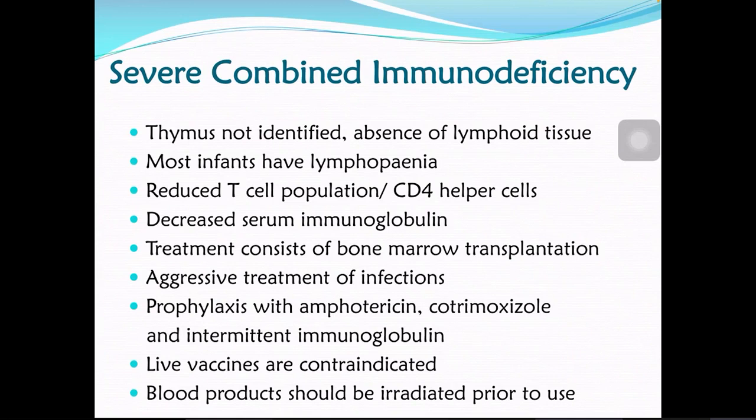In patients with severe combined immunodeficiency, one of the key things is that you may not identify a thymus, they have absence of lymphoid tissue, and one of the other key things is that these patients are lymphopenic. So if you do a full blood count, you will see that the percentage of lymphocytes they have is on the lower side. You know that until 4 years of age, all children tend to have more lymphocytes in their blood as opposed to neutrophils.